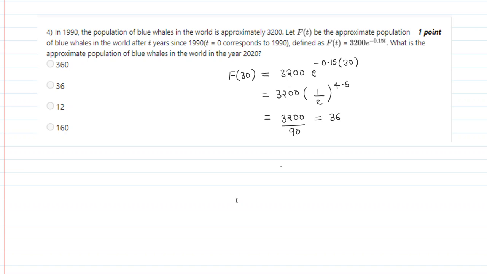Now let's look at this question. This is very easy. In 1990, the population of blue whales in the world is approximately 3200. Let F(t) be the approximate population of blue whales in the world after t years since 1990. t is equal to 0 corresponds to 1990, defined as F(t) is equal to this expression. So what is the approximate population of the blue whales in the world in the year 2020, basically when t is equal to 30?